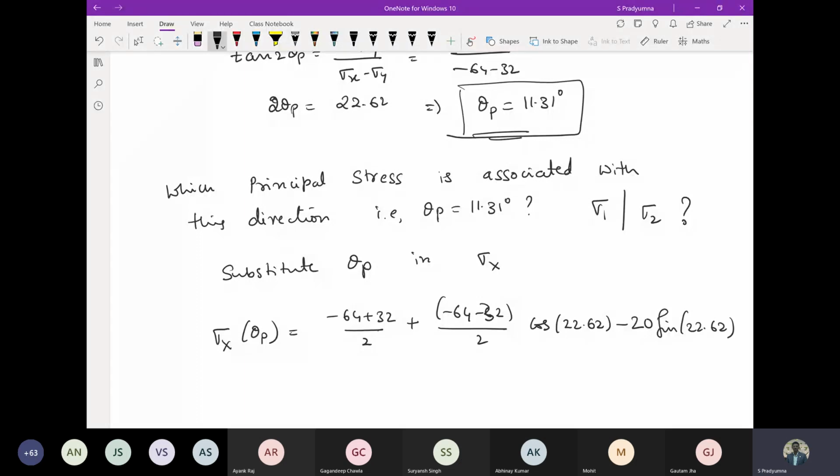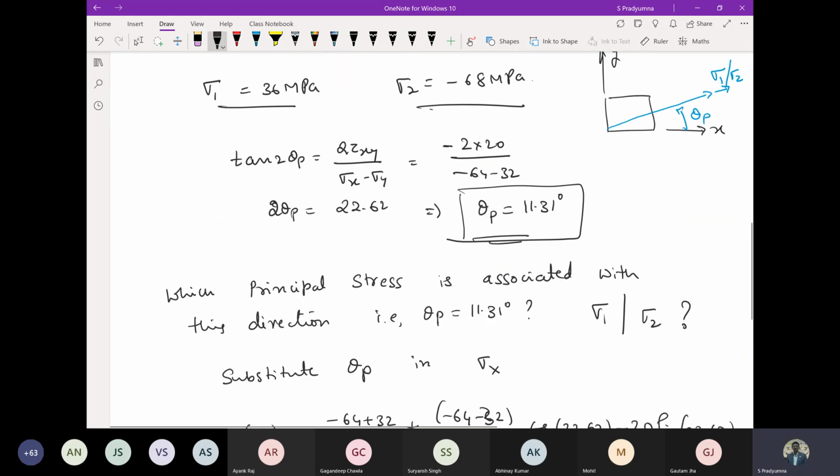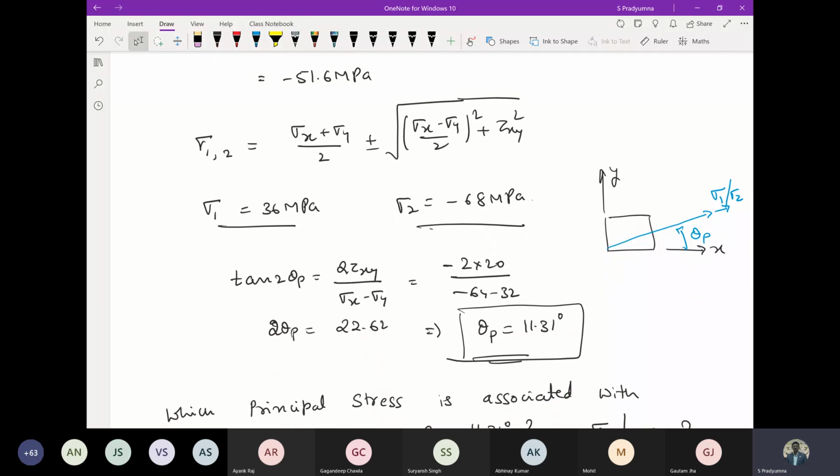So here we get sigma x at theta p equal to minus 68 megapascal. That is actually equal to sigma 2. Therefore, this one is equal to sigma 2. And the direction is, sorry?